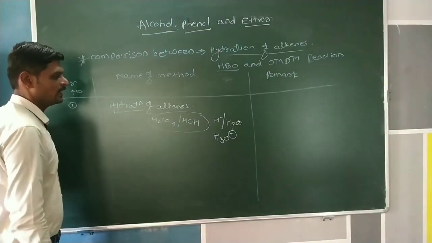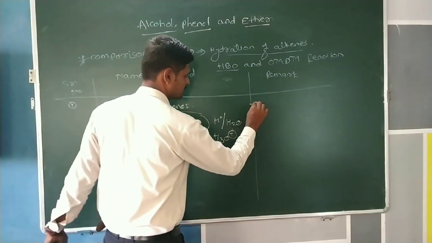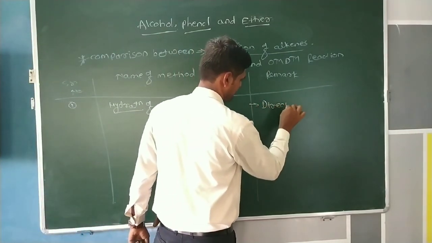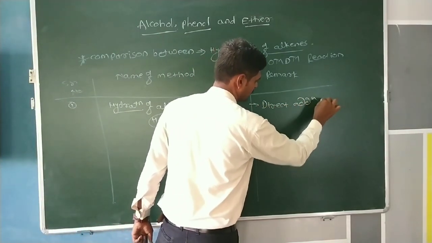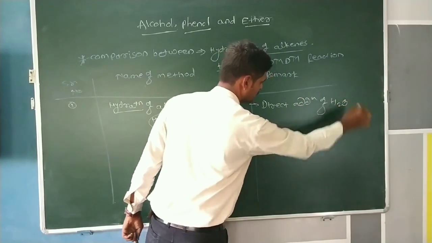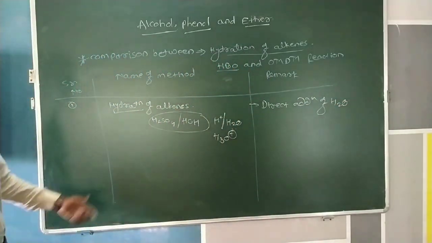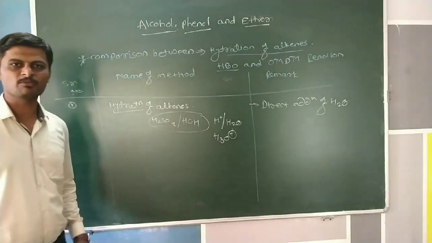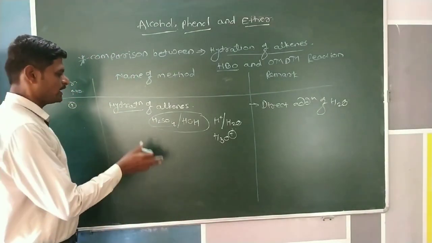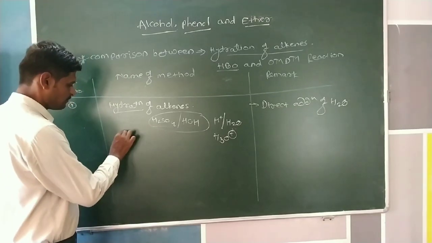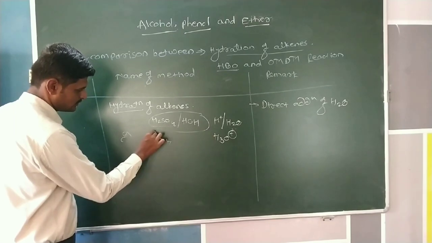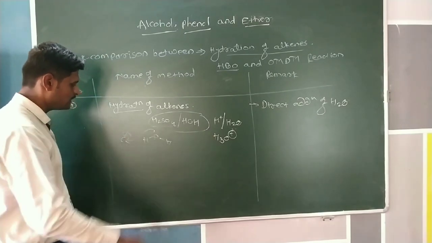The hydration of alkene is a direct addition of water molecule. In this reaction, the addition of water is in a stepwise form because there is a formation of carbocation, which is considered as an intermediate. After formation of the carbocation, the water molecule, that means this oxygen, attacks the carbocation.